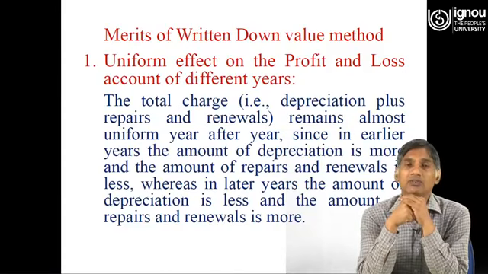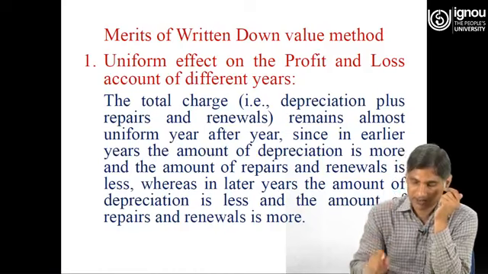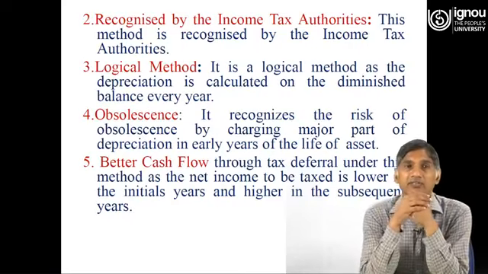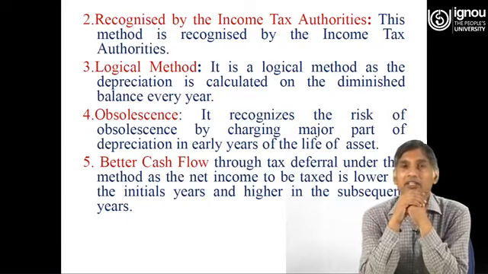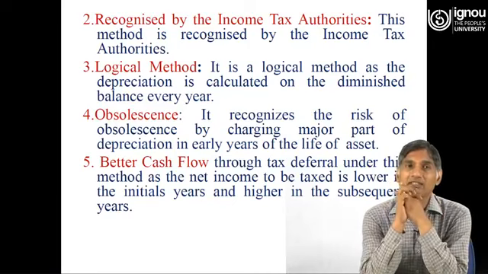So this gives rather a better picture of the profit and loss account for the different years. Second one is recognized by income tax authorities. So this method is recognized by the income tax and other related authorities.